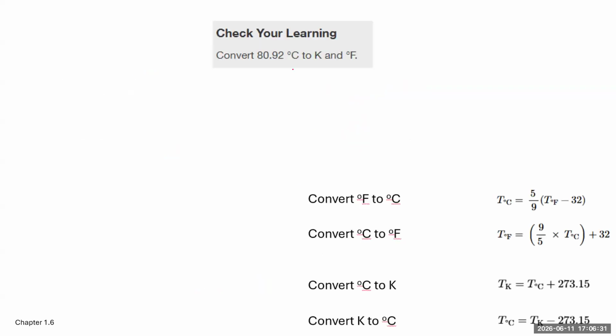Convert 80.92 degrees Celsius to Kelvin. Let's do that one first.